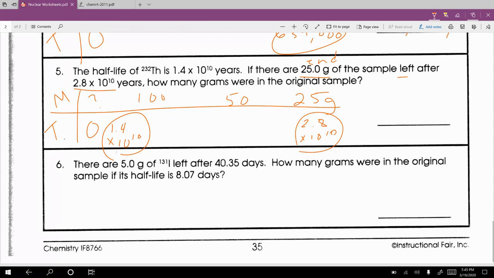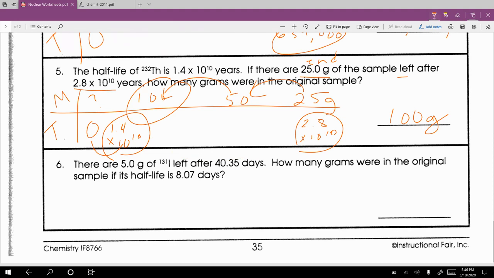That's one half-life, and that's two half-lives. Two half-lives go by. So my original amount is 100 grams. Just working backwards. Let me erase this so I have some more space.